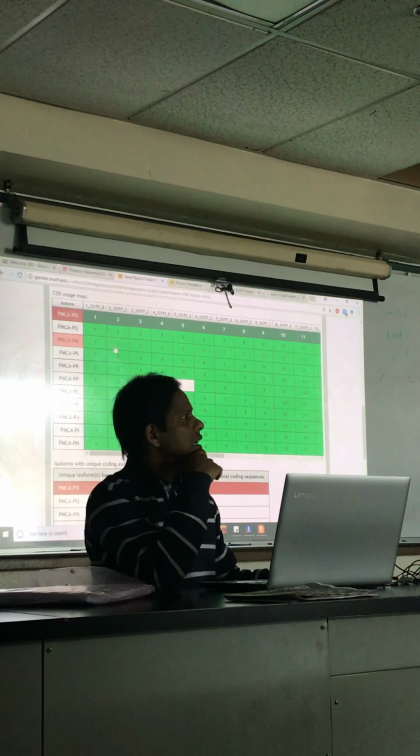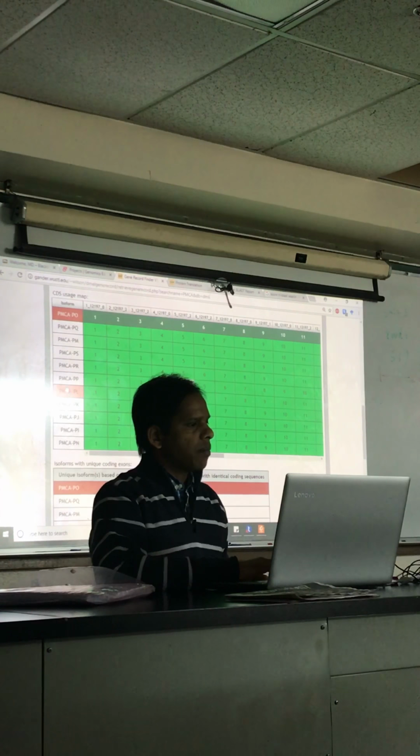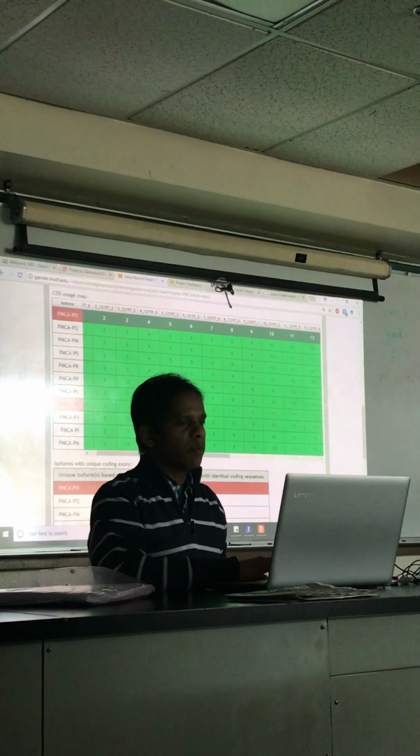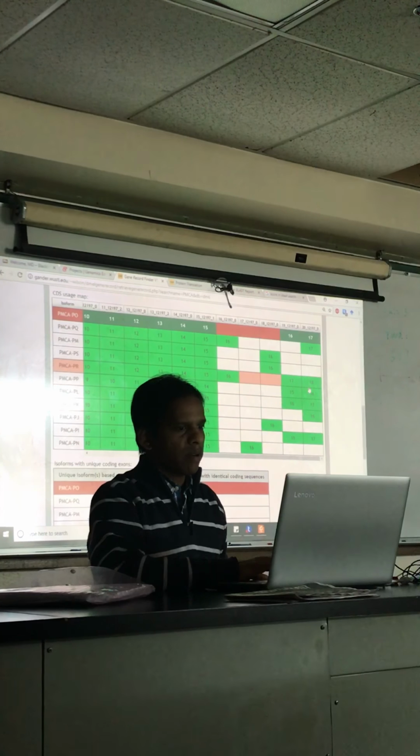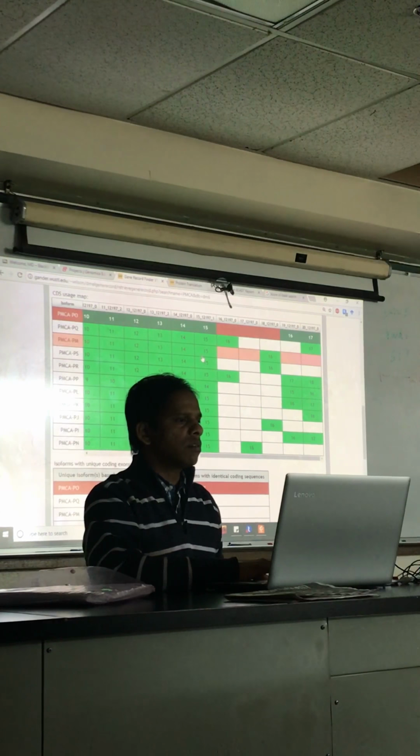Yeah, you can take a picture of this. Now, as you can see, the interesting thing is protein isoform PP. Look at that, PP is missing exon number 5, right? And some of the other isoforms are missing exons too.